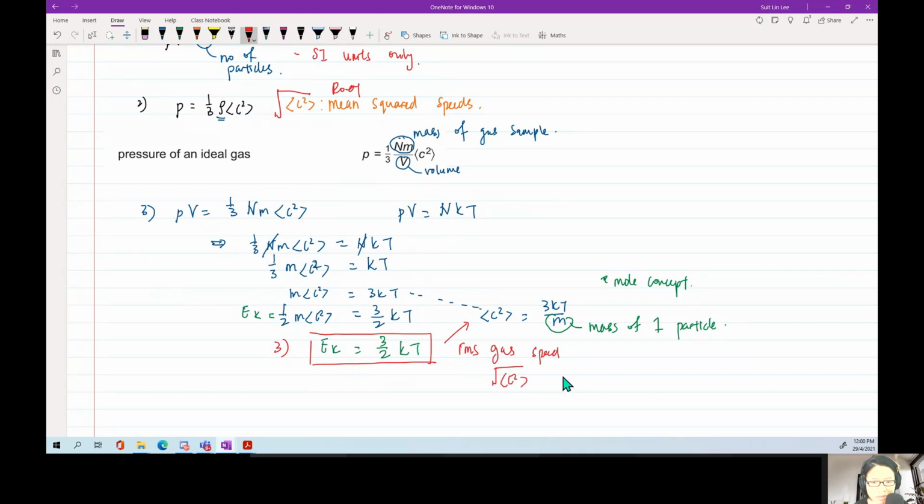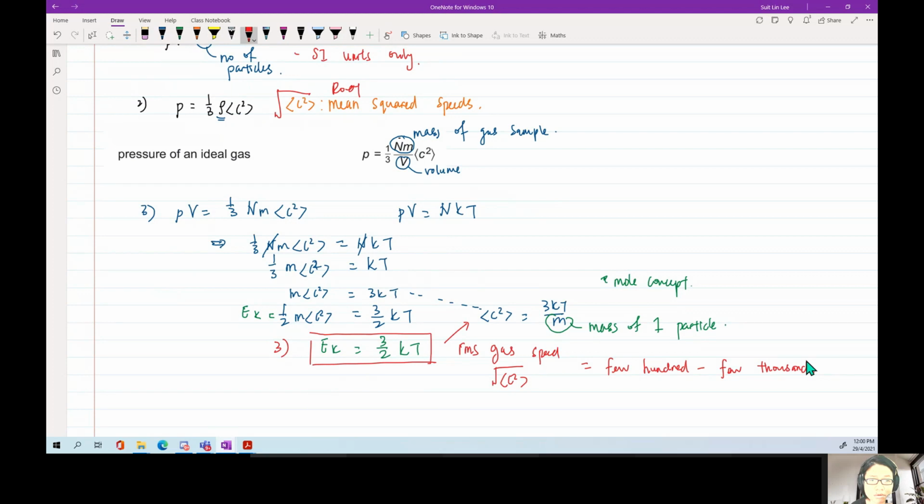This one can be from a few hundred to a few thousand. Please, if you didn't convert your units, your gas speed will either be super fast, faster than the speed of light, which is wrong, or super slow, like 4.0 times 10 to the power negative 8. If the gas particles move so slowly, we suffocate and die.